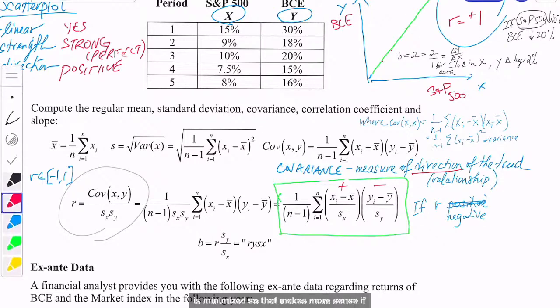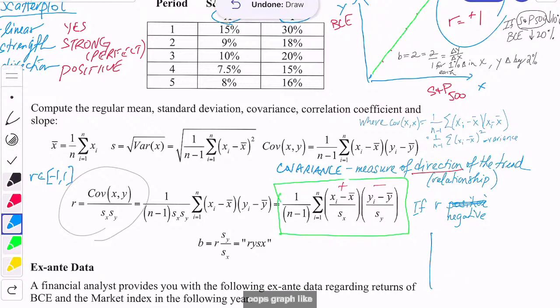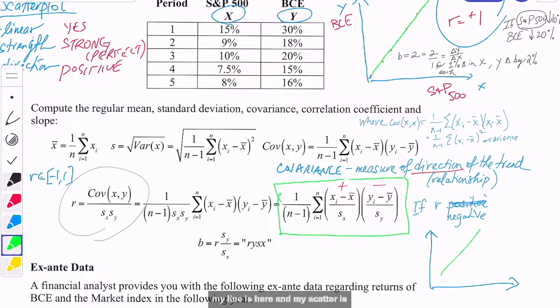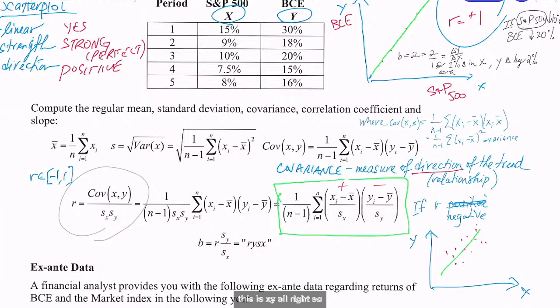So that makes more sense if I made a graph like, my line is here and my scatter is all around. This is XY. All right, so the idea would be to float a line so that it's closest to all the points.